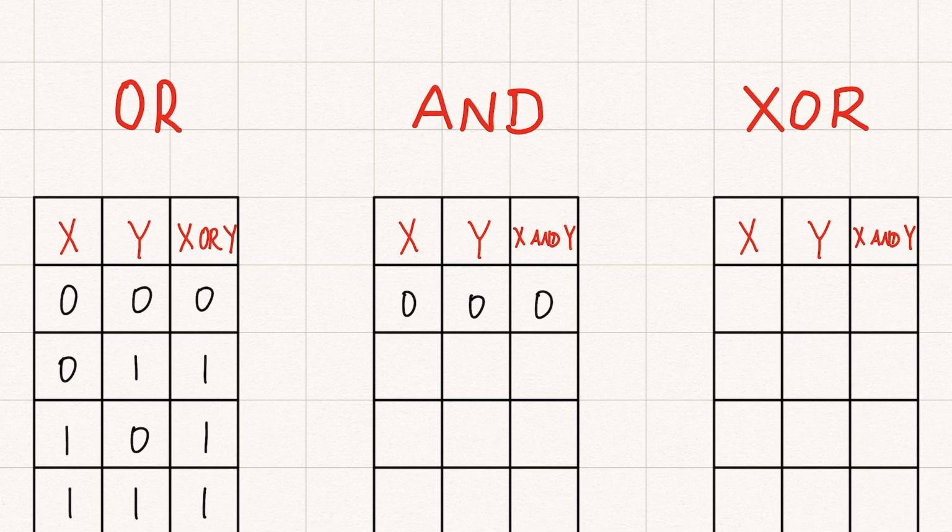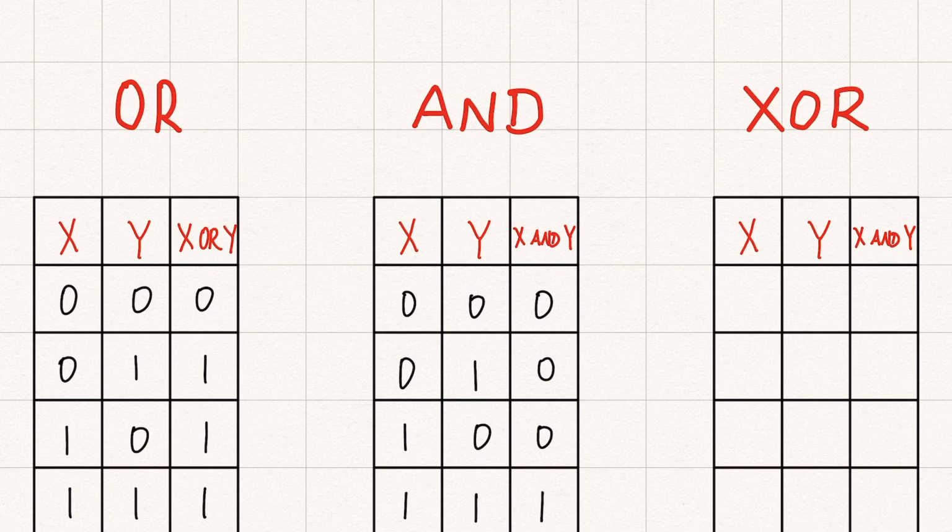If we have x as 0 and y as 1, then they are both not high, so we can't get a high output. If x is 1 and y is 0, then once again they are both not high, so we can't get a 1. However, if x is 1 and y is 1, that is, they are both high, they are both 1, then our value will come out to be 1.